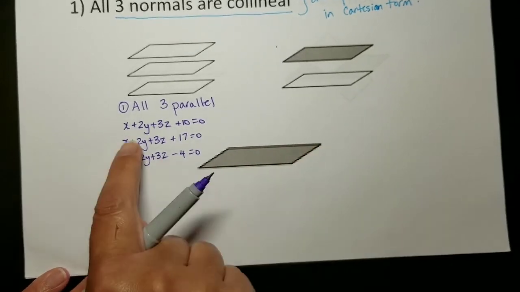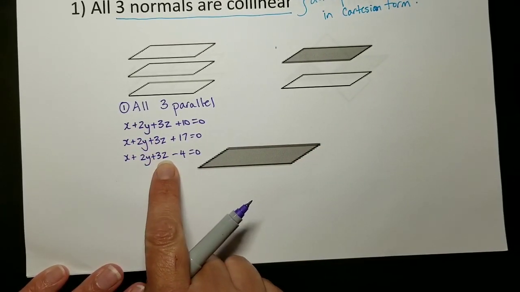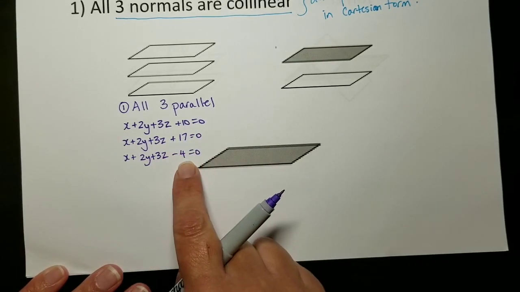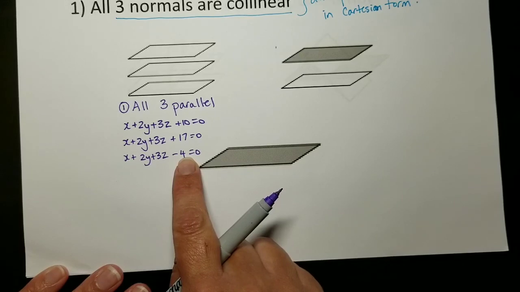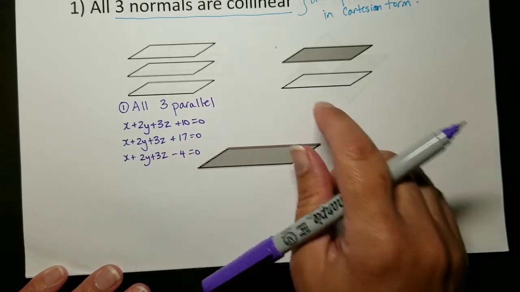So we can see all 3 of these normals are going to be collinear. We have the same normals for each, and the d values are all different. So these are not the same plane, but they all are parallel to each other. So that's case number 1.